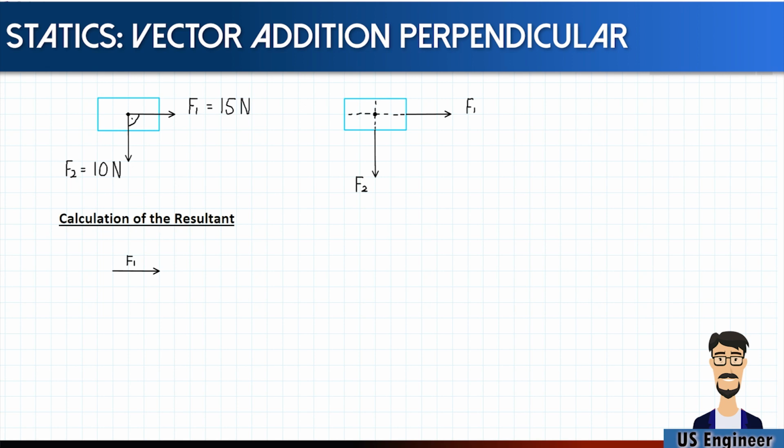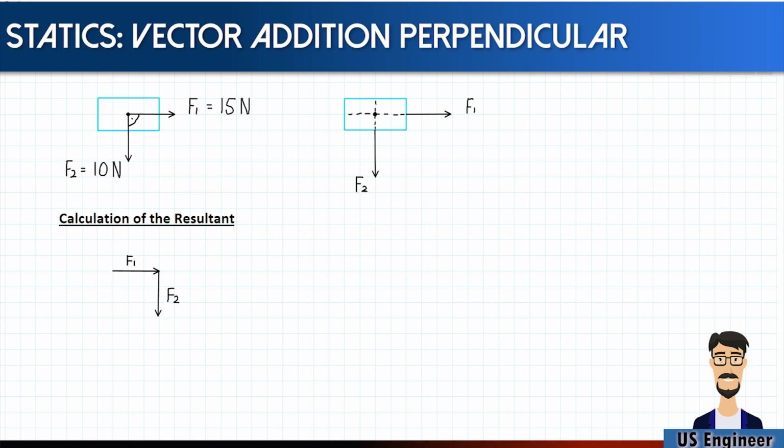And the force vectors are added by simply connecting the origin of the consecutive force vector to the tip of the previous force vector. So in this example, I'm going to start at the tip of F1 and draw F2. And that's going to give me something like this. So that's my second force.